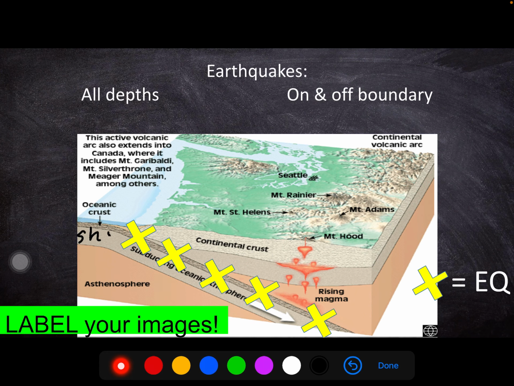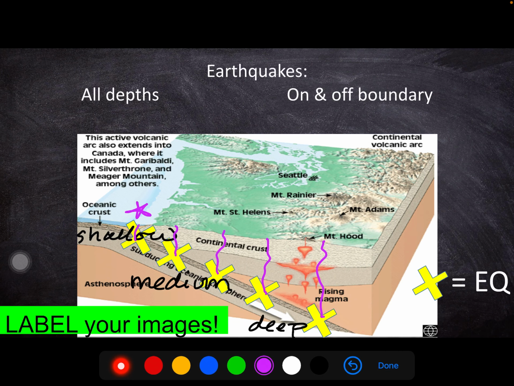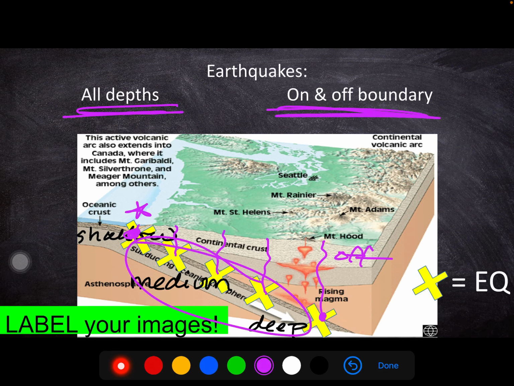We have shallow earthquakes near the surface, deep earthquakes towards the end of the subduction zone, and of course everywhere in between, medium. Now these earthquakes, because of their depth along the subduction zone, are found at varying distances from the boundary as well. Again, this is the boundary, the spot where the two plates meet. We notice earthquakes happen there, where the subduction zone begins, but also off the boundary or away, where the subduction zone ends. So we're seeing earthquakes here at all depths and all locations, again, because of the subduction zone.